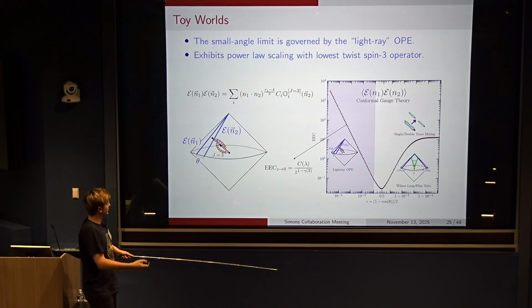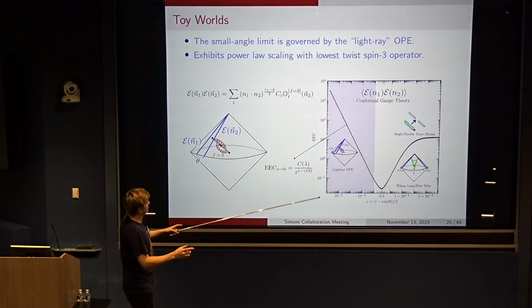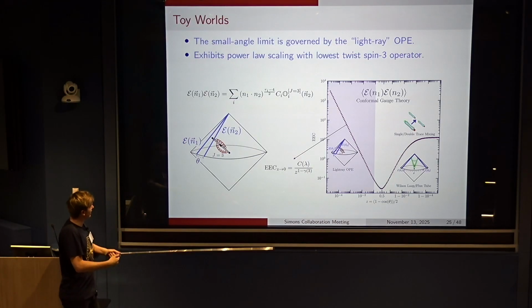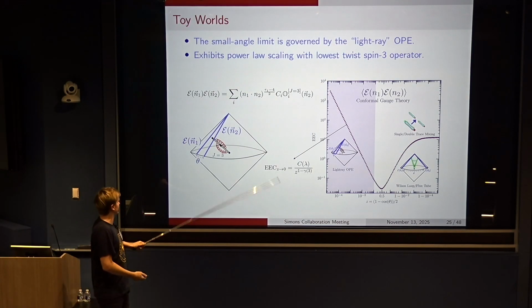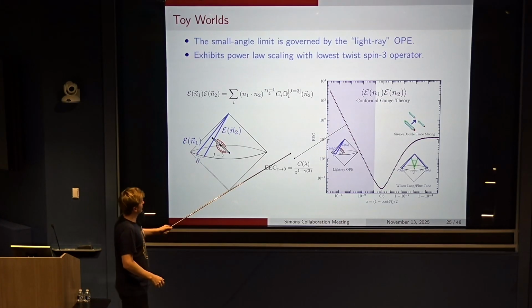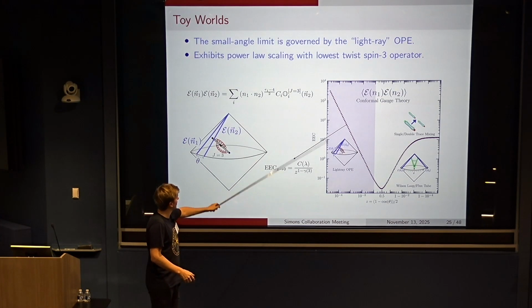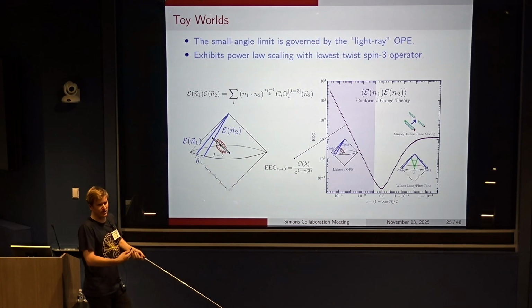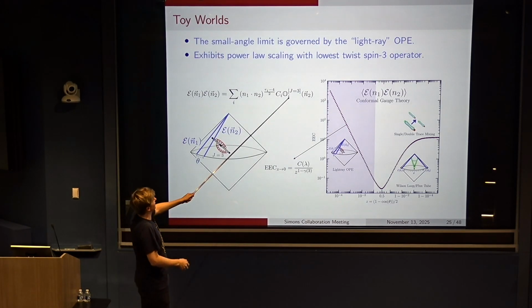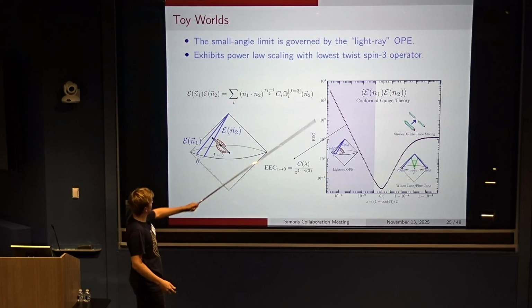So the first limit, which can be understood exactly, is this small angle limit as I bring the two detectors on top of each other. This is governed by a particular operator product expansion. The details of this don't matter too much, but what it gives rise to is a power law behavior governed by certain anomalous dimensions in your theory. If you're at weakish coupling, this will in particular be dominated by the twist 2 operators with spin 3.